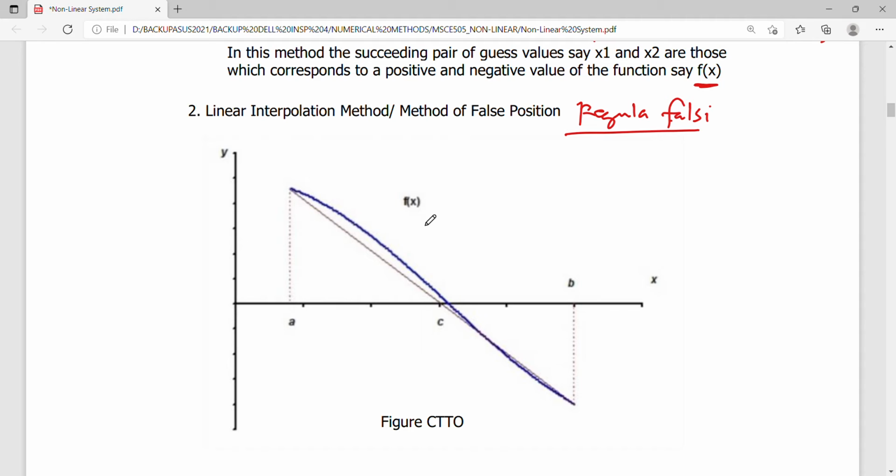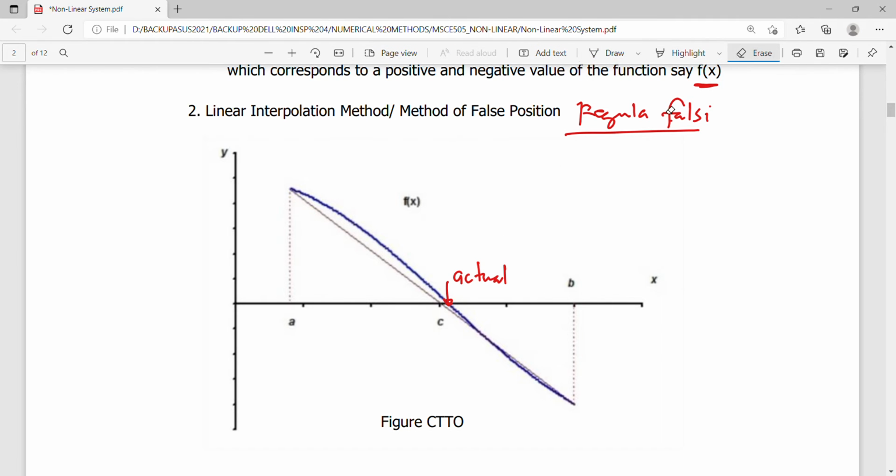What are the things you need to take note of? The good thing about the linear interpolation method is it does not require you to always get the actual root, or the exact root. I mean, not actual. So let's use the word exact.